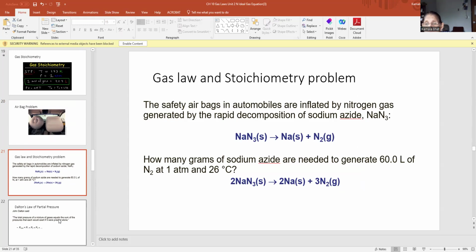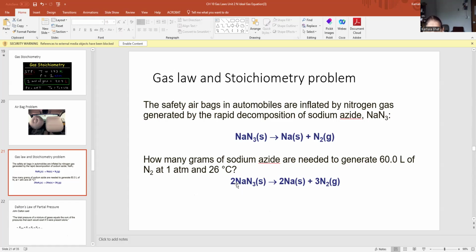How many grams of sodium azide are needed to generate 60.0 liters of nitrogen at 1 atmosphere and 26 degrees Celsius? So first, calculate the moles of nitrogen that is produced from the reaction.